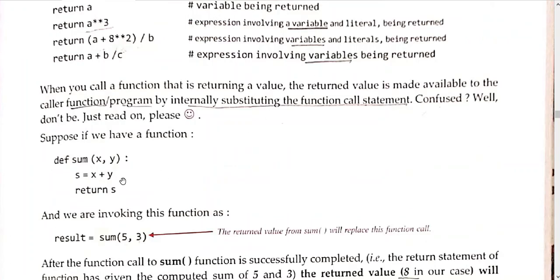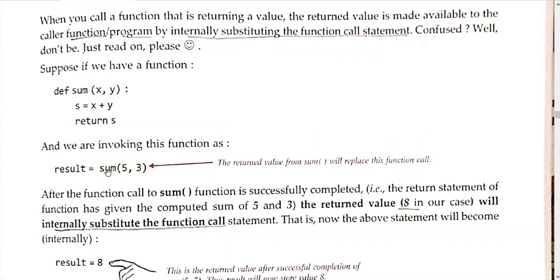Let us see another function here. We have a sum function, the sum of two numbers. Actually this is not a complete program, it is just to show you the execution part of the function only. We have skipped all other statements.